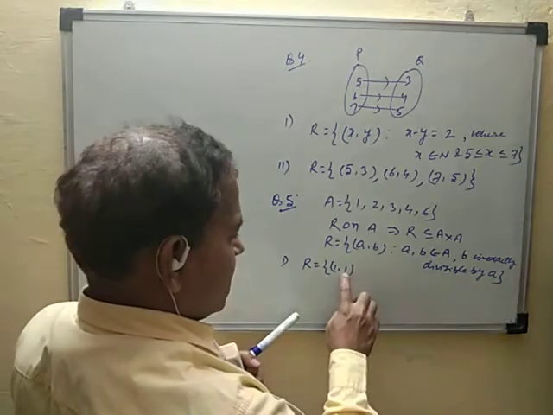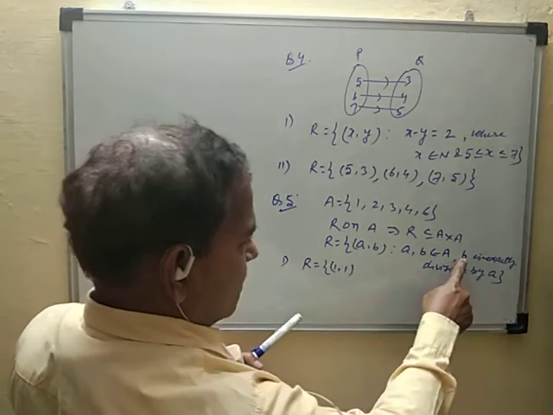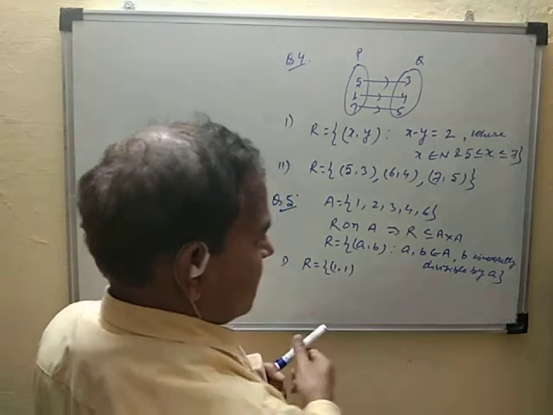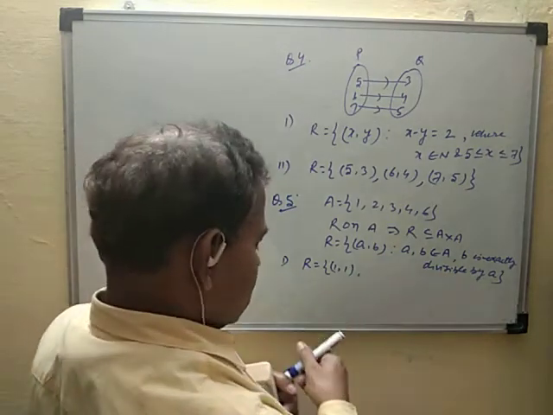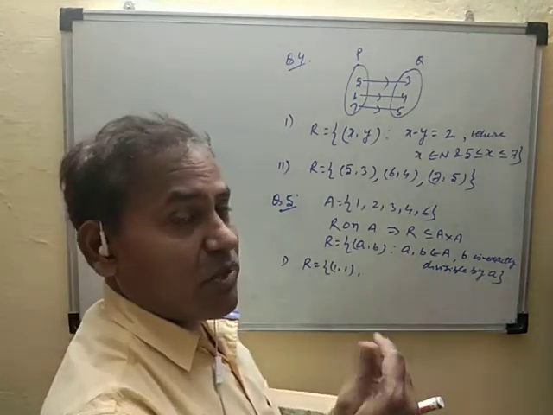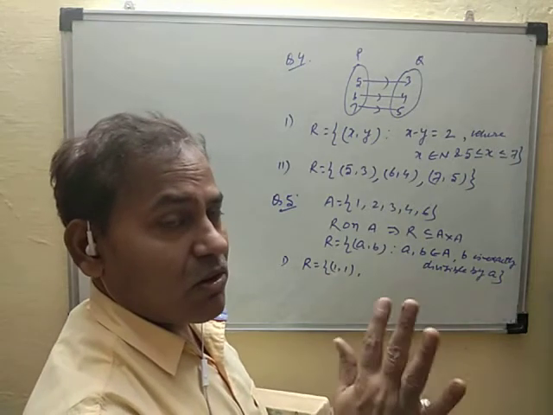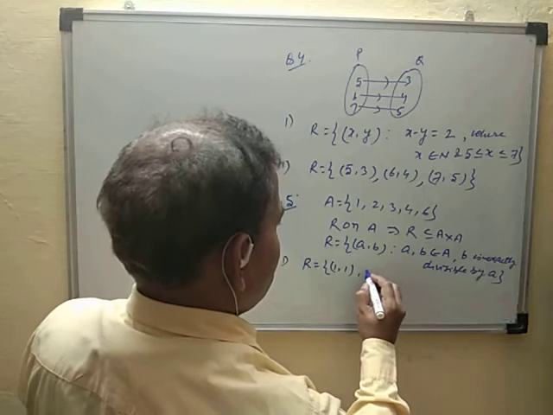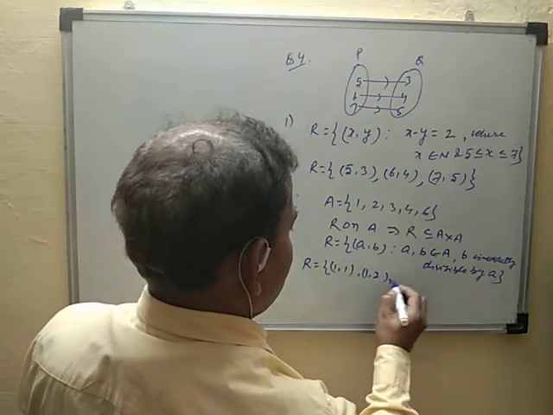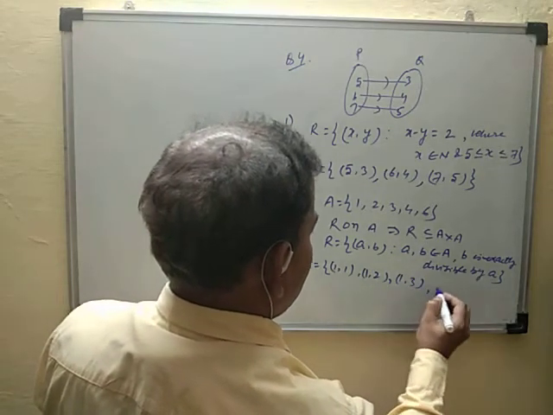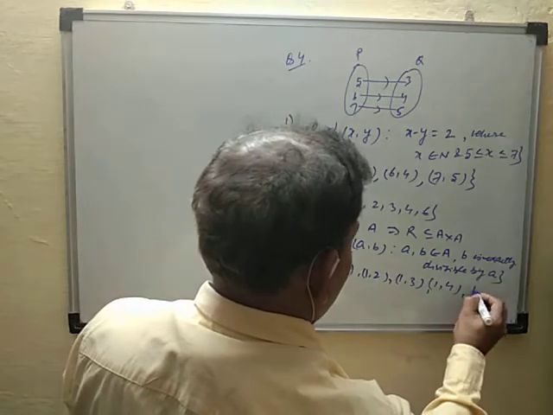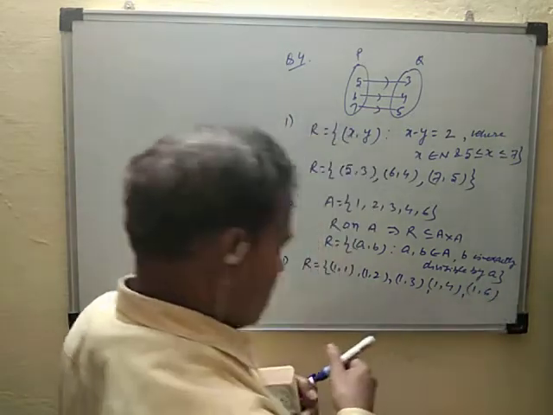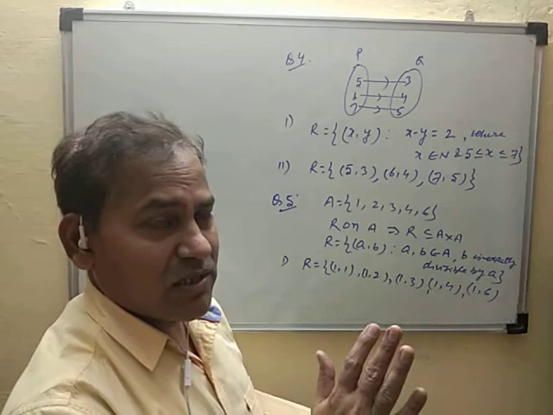And since every number is divisible by 1, all the numbers are divisible by 1. So therefore (1,1), (1,2), (1,3), (1,4) and (1,6). All numbers are divisible by 1.